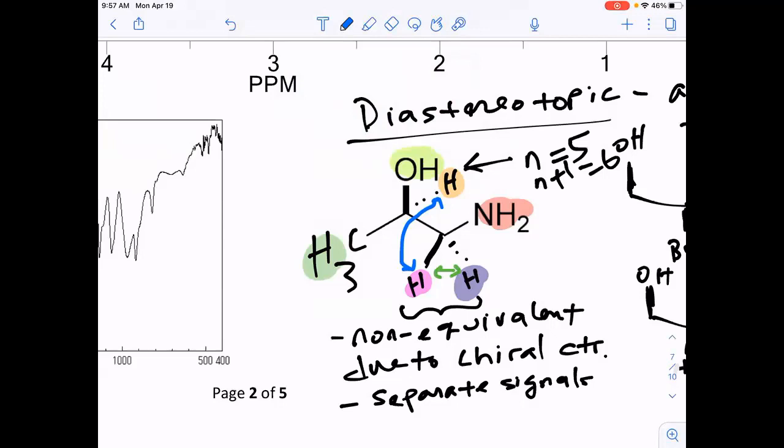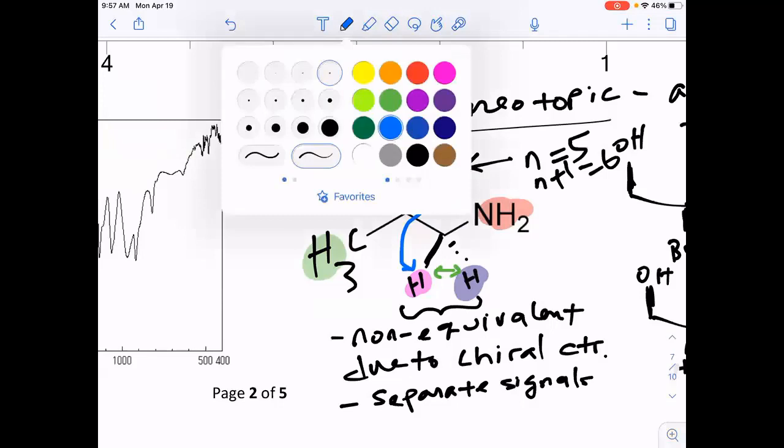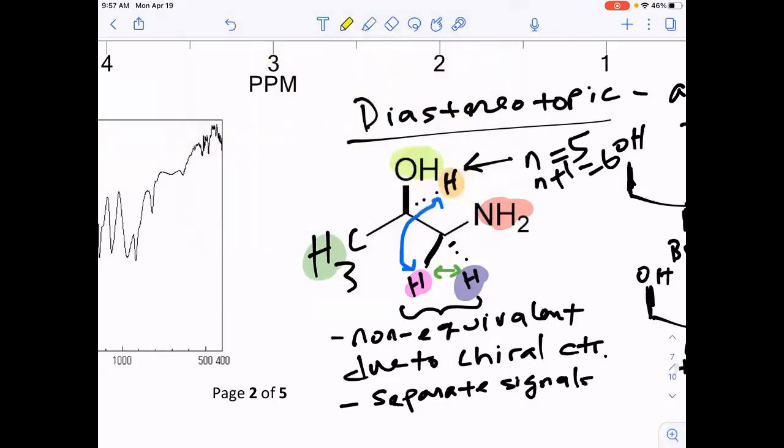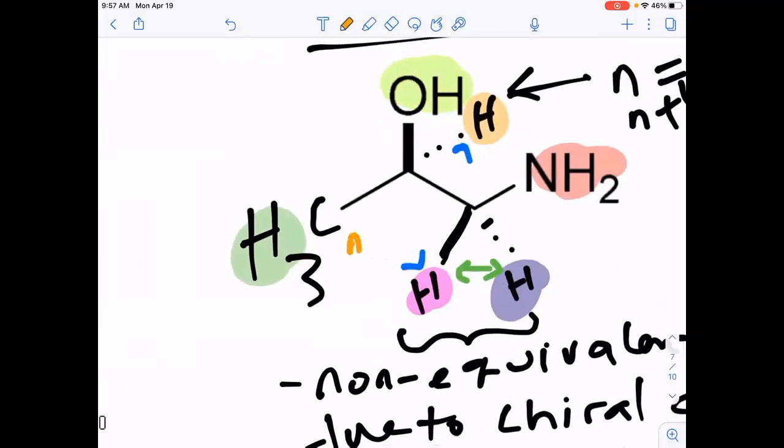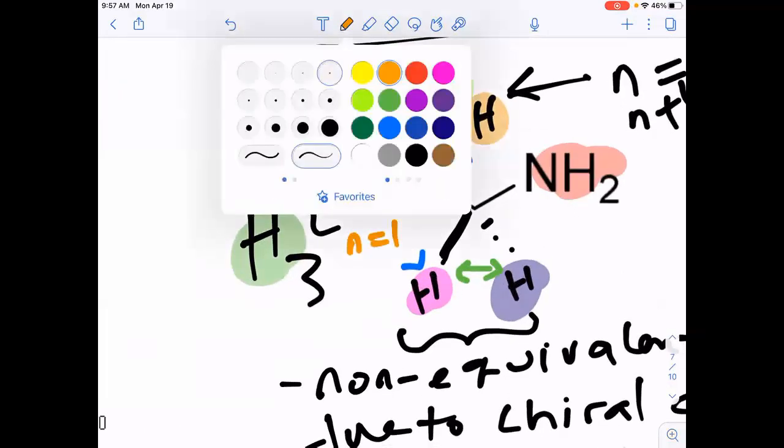So for the orange one, N will be 1. Let me use the right pen. N is 1. Everybody agree with that? So for the orange one, N is going to be 1.